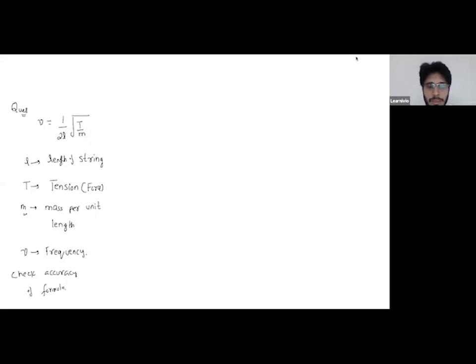What about the rest? It's mass per unit length. No, the dimension would not be M1. It will be M1 by L1. It's not just mass, it's mass per unit length. Mass by length.